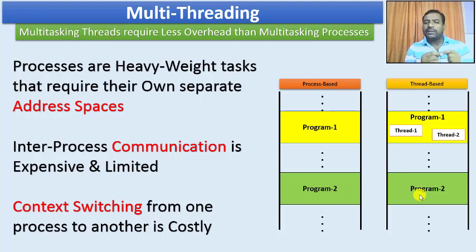So context switching between thread 1 and thread 2 is going to be easier, because there is no unloading and loading of an address space, as the same address space is used for the execution of both threads. This is where multithreading, the thread-based approach, comes into the picture when I talk about multitasking. I hope you are clear that multitasking with threads has less overhead than multitasking with processes.